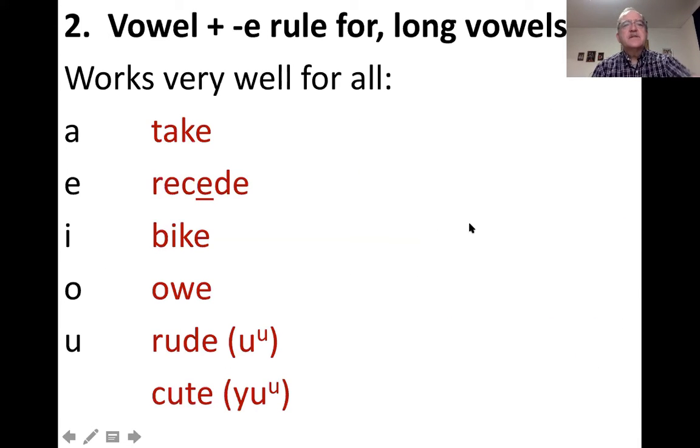Now we have the vowel plus E rule for long vowels. It works very well for all these sounds. Take, recede, bike, O, rude, cute. Notice that all of these sounds are the long vowel sound, not the short vowel sound.